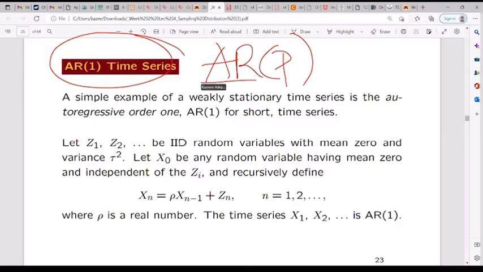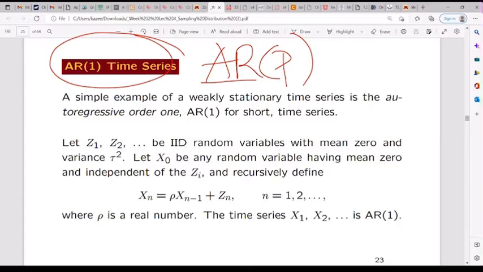AR means autoregressive model, autoregressive model of order P. What is the idea behind autoregressive model of order P? What does that mean? It means I want to relate the current value of a series with the immediate past, with the previously existing past.